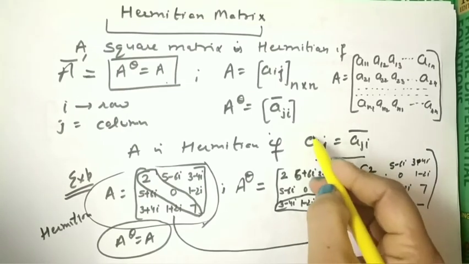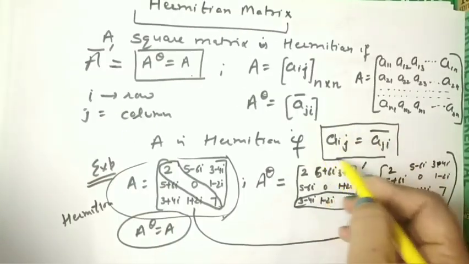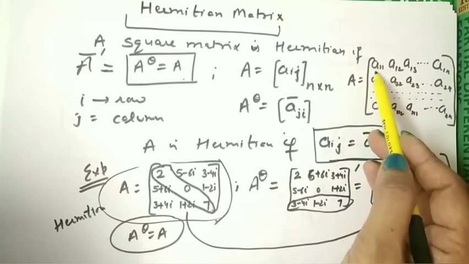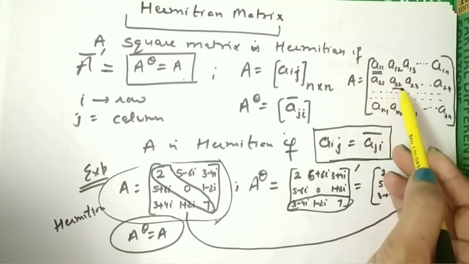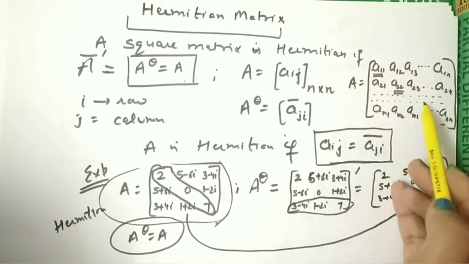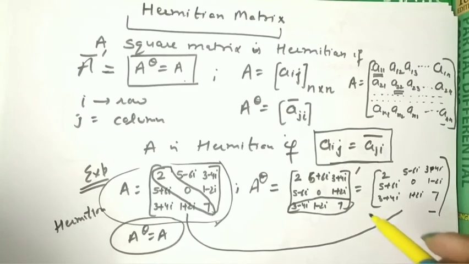What are the diagonal elements? You can see the diagonal elements are those for which i is equal to j: A11, A22, A33. These are the elements that lie along the main diagonal and they have the same suffix.